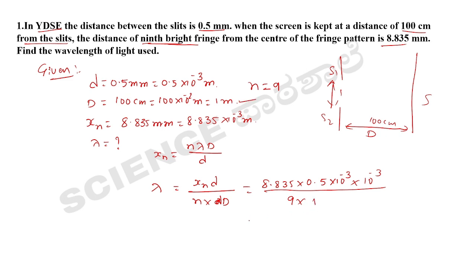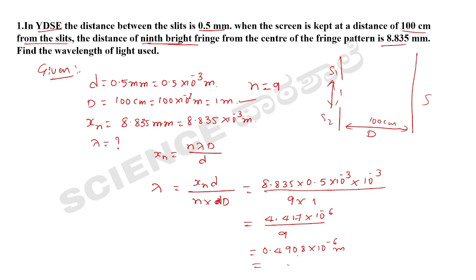Clear? If you multiply this and this, you will get 4.417 into 10 raised to minus 6, divided by 9. If you solve 4.417 by 9, you will get 0.4908 into 10 raised to minus 6 meter.